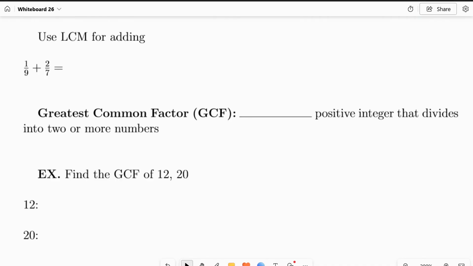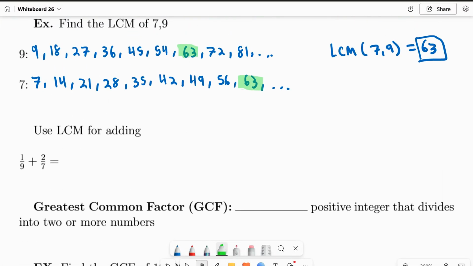So right now we have 1/9 plus 2/7. So the reason we found the LCM of 7 and 9 is because those are both of our denominators. So in order to make our denominators equal, we need both of those denominators to become our LCM, or 63. So we have to ask ourselves, what times 9 gives us 63?